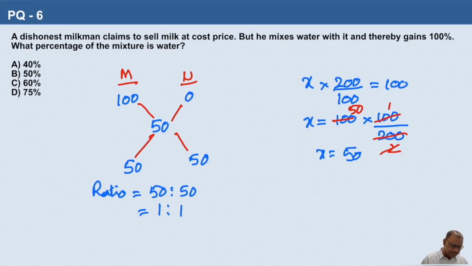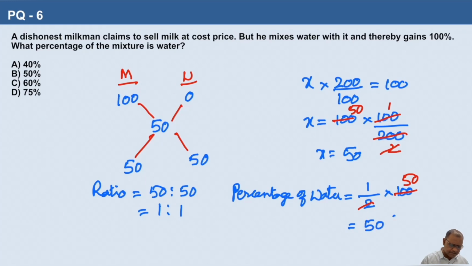So here water is 1 part out of 2 parts. So percentage of water: 1 part out of 2 parts, multiply by 100. So that gives 50%. So there is 50% of water and 50% of milk in the mixture. So the correct answer is option B.